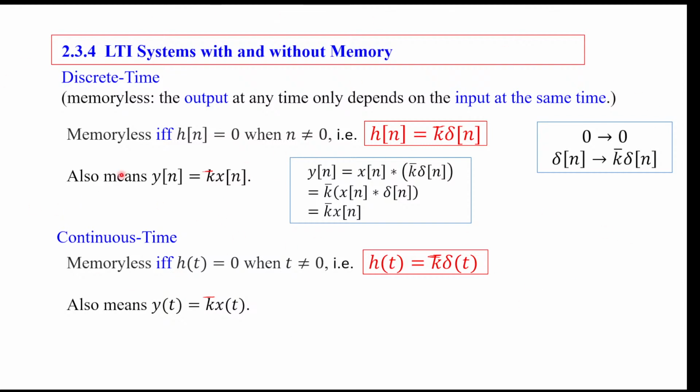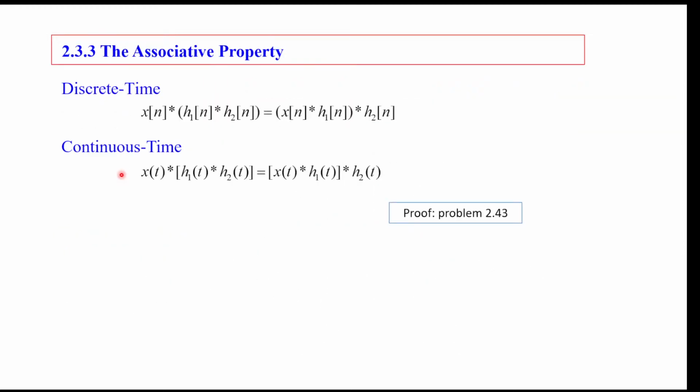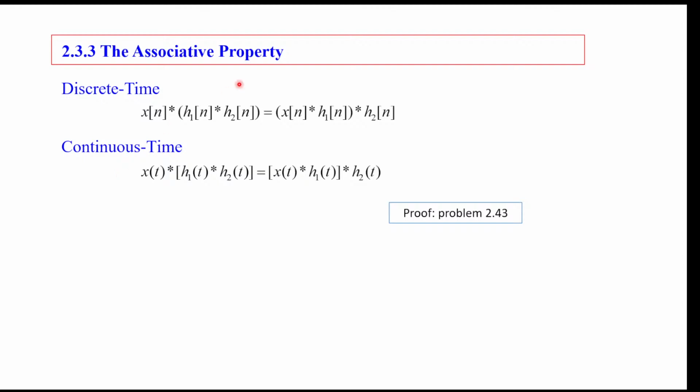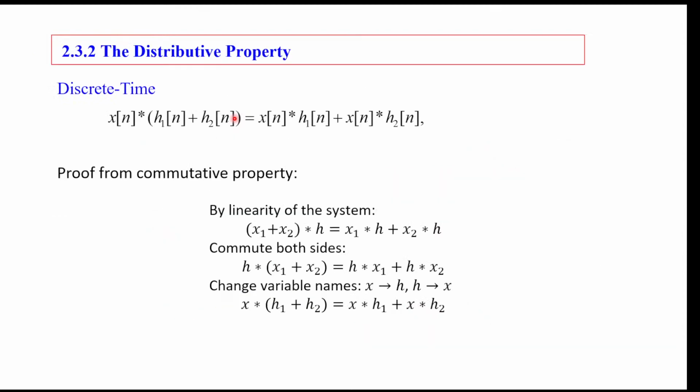Okay, so let's have a small recap. We see that the convolution operation is very much like multiplication, and it has this associative property, so the order of resolving the convolutions doesn't matter. Then it has the distributive property, so that something convolved with a sum of other things is the same as convolving with each component first, then adding them together.